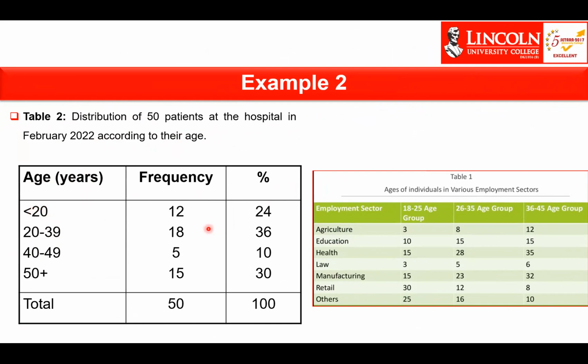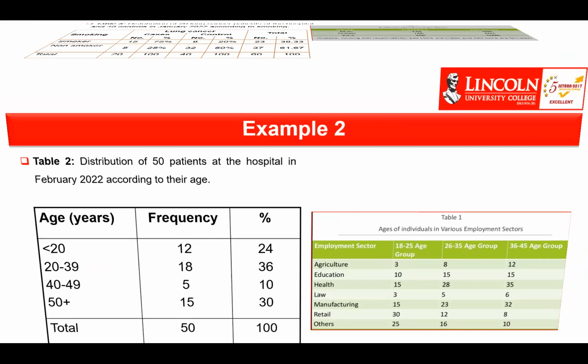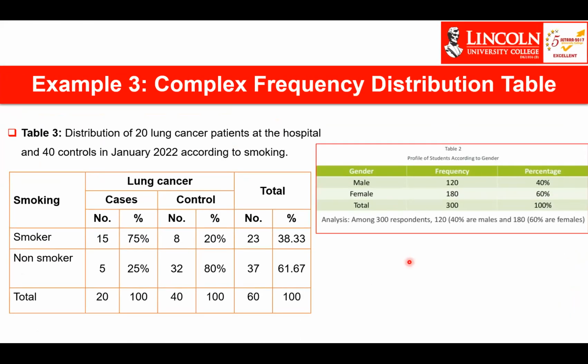Less than 20, you have 12. Between 20 and 39, you have 18. Between 40 and 49, you have 5. 50 plus, you have 15. And these are the percentages. Sum the frequencies, you get 50; sum the percentages, you get 100. It depends on how you want to go and the kind of data set you have collected.